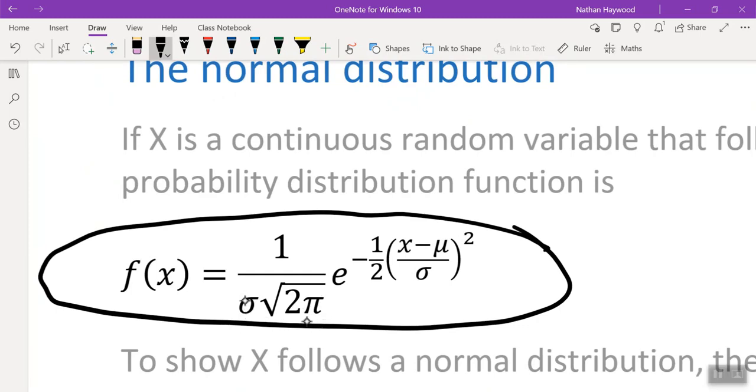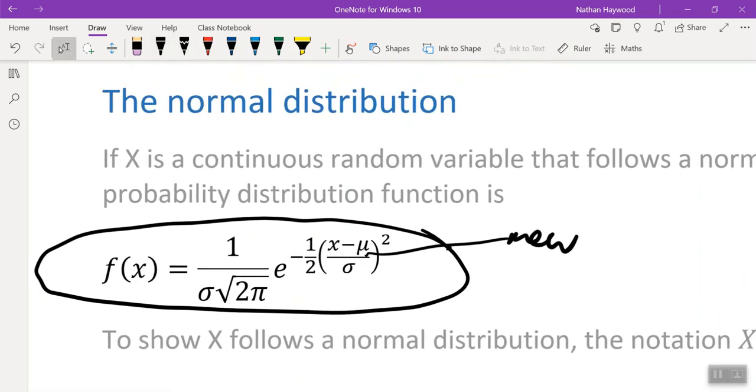You should know pi. You should know E. What's this one? This is mu. Standard deviation, and X is the continuous random variable.